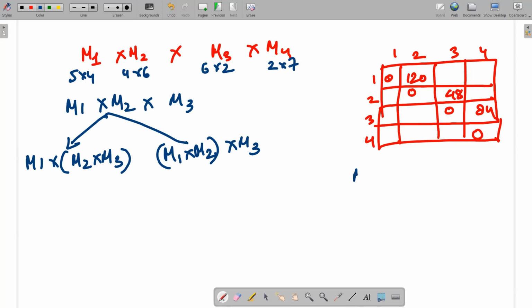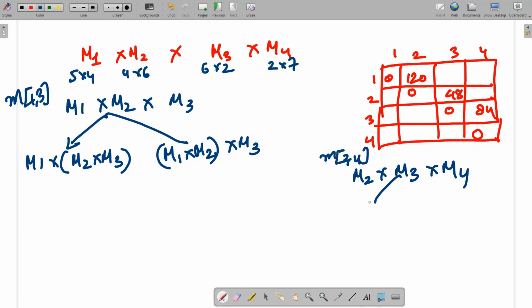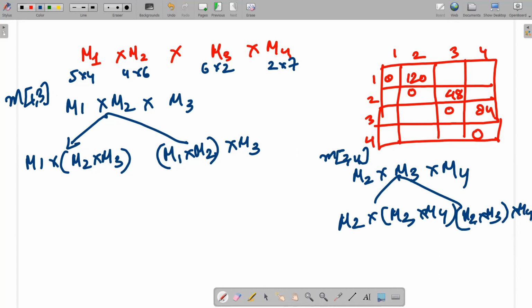Similarly, if I have to calculate M2, M3 and M4, M13 we are calculating, and similarly over here we are calculating M24, right? So M2 can be multiplied with the answer of M3 and M4, or M2 is multiplied with M3 and the answer is multiplied with M4.